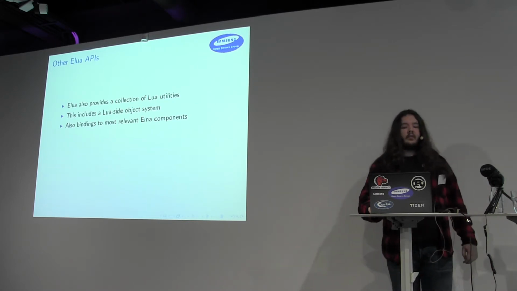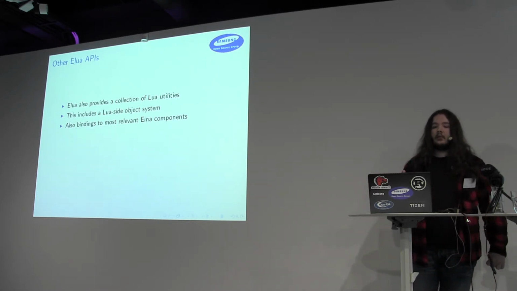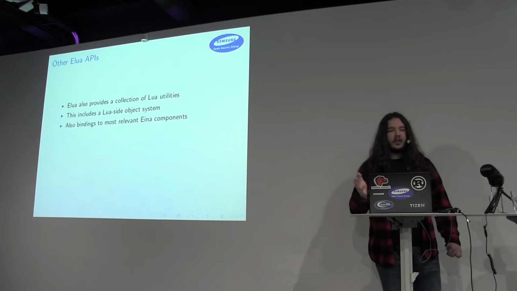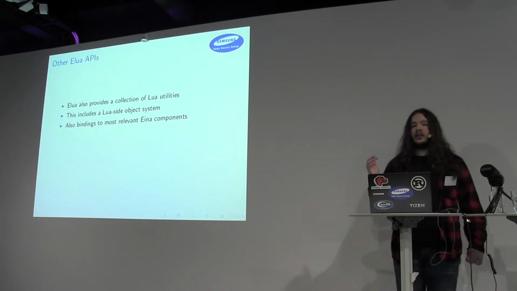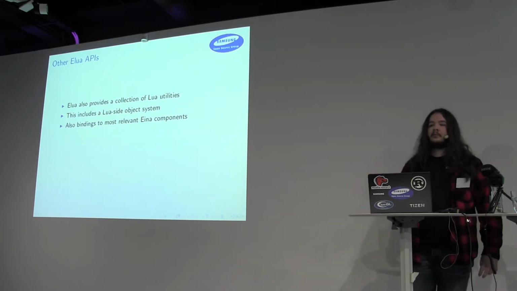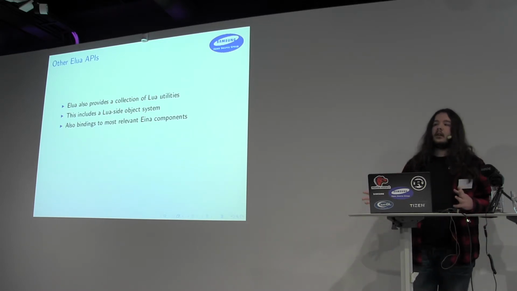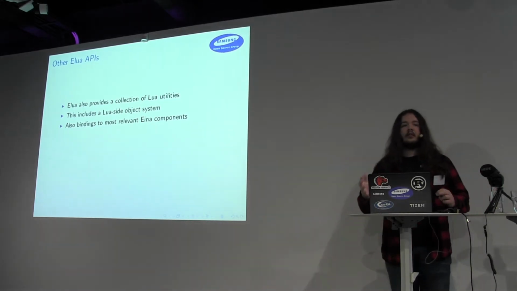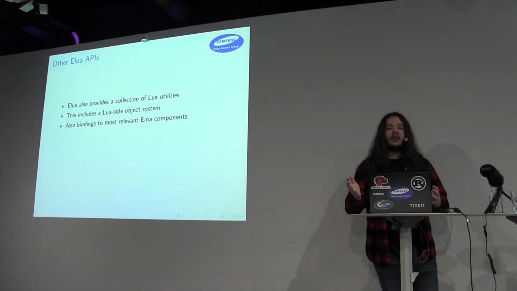Bindings to most relevant components of the Eina library, which is a collection of C utilities such as containers like lists, hash tables, arrays. We need to interface these somehow because our APIs in the EFL deal with these, and we need to somehow convert them to a Lua side representation, which actually feels right. In Lua, it must be a table, obviously.